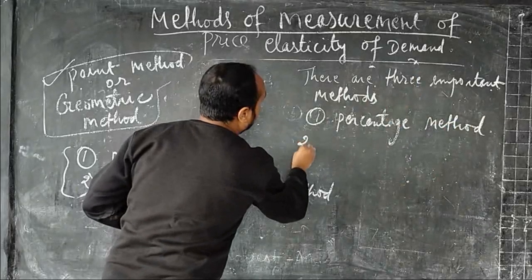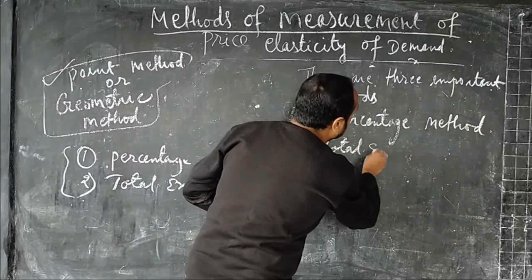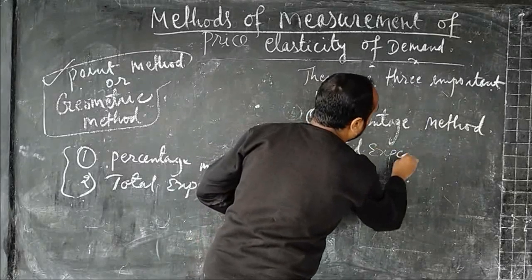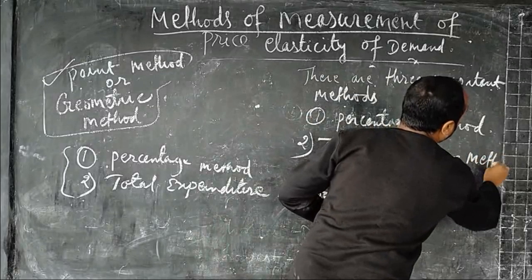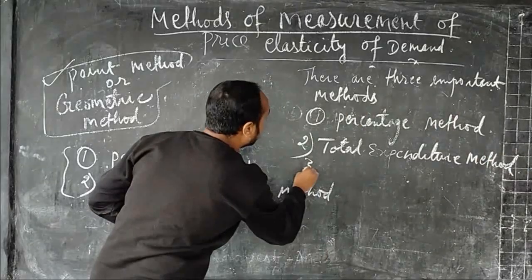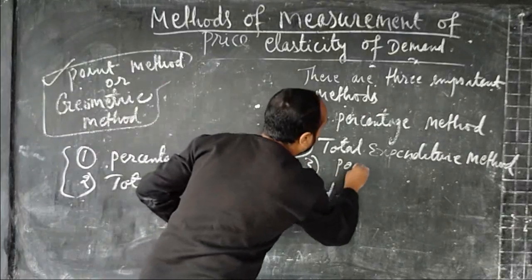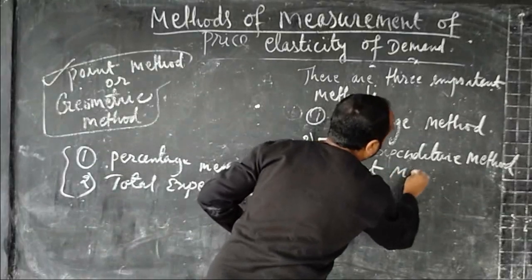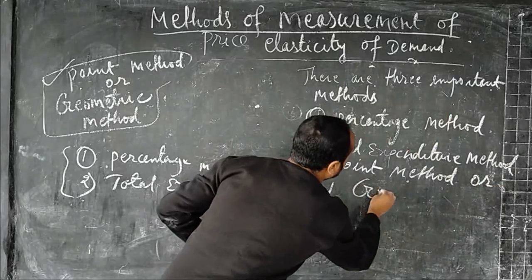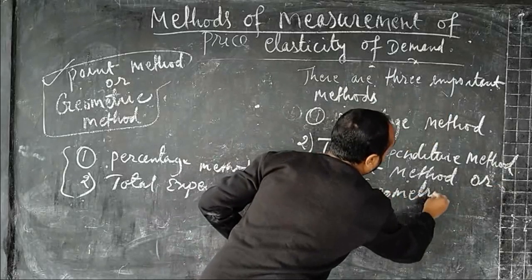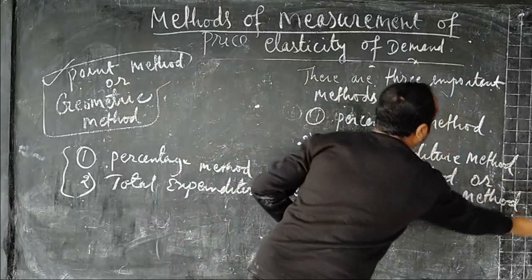Number two, we have total expenditure method, and number three, we have point method or geometric method.